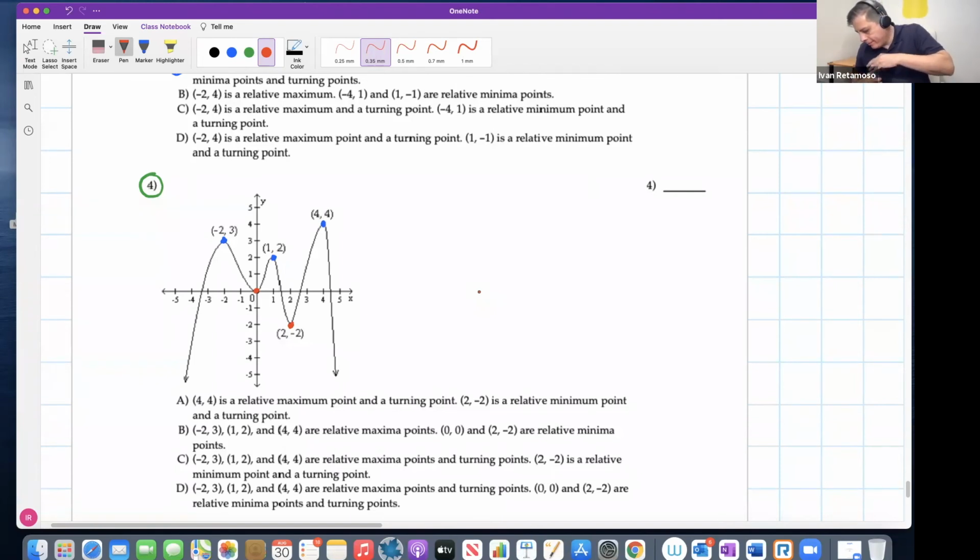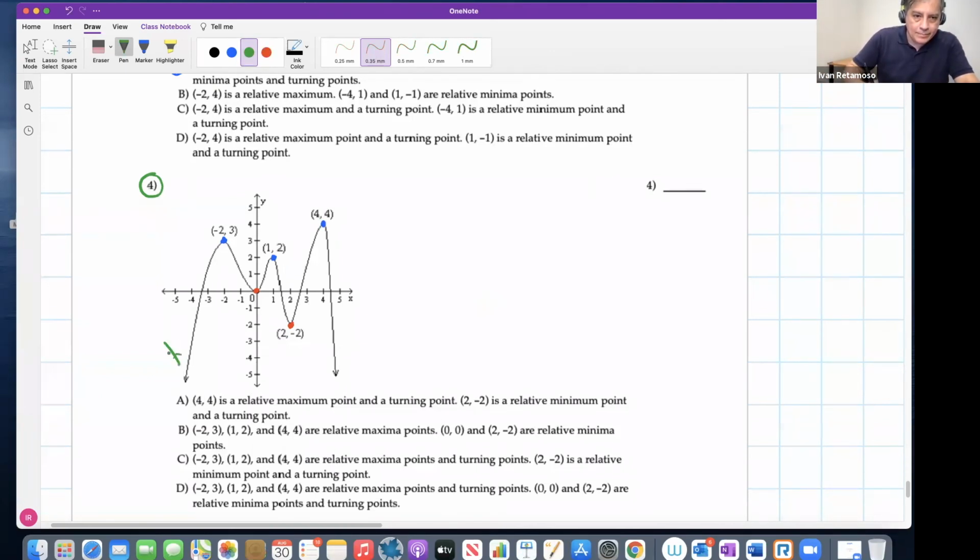Remember the hint, or better said, the strategy, is walk along the curve or trace it from left to right, and then you will be able to identify the top of the mountains and the bottom of the valleys.